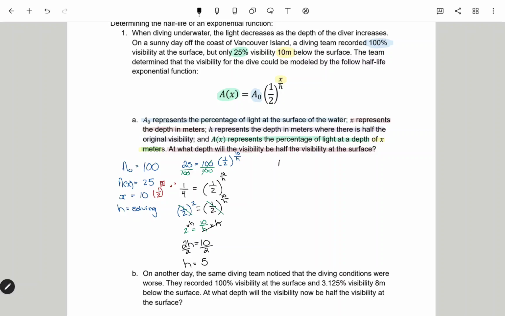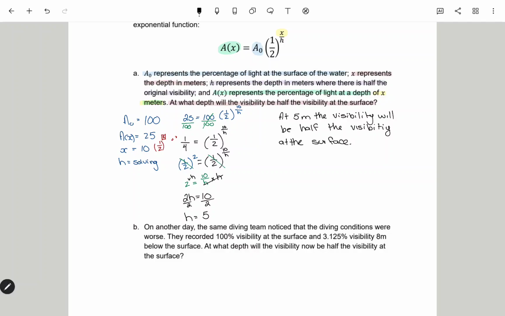So we would say at 5 meters, the visibility will be half the visibility at the surface. And that's what would give us our full marks, having our work and our sentence answer.